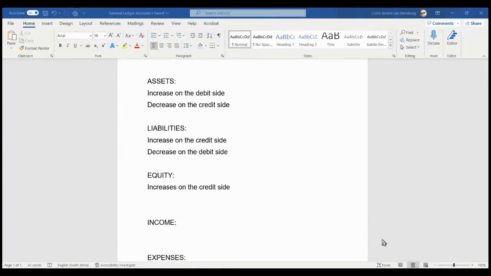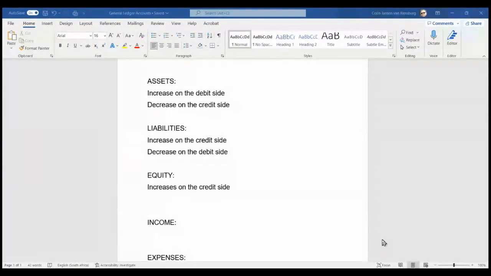Let's look at the whole entry. What actually happens when your equity increases? Let us just look at the simple situation of a sole trader, just one owner. What happens if equity increases? The owner puts some asset into the business.